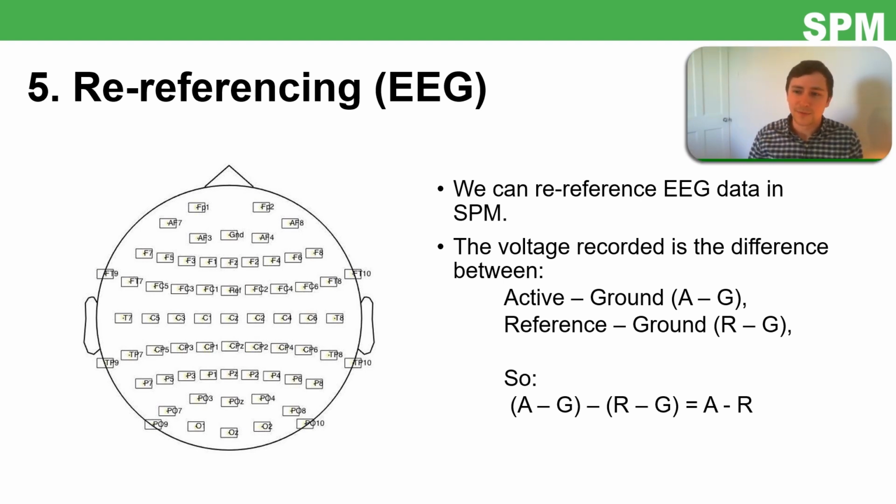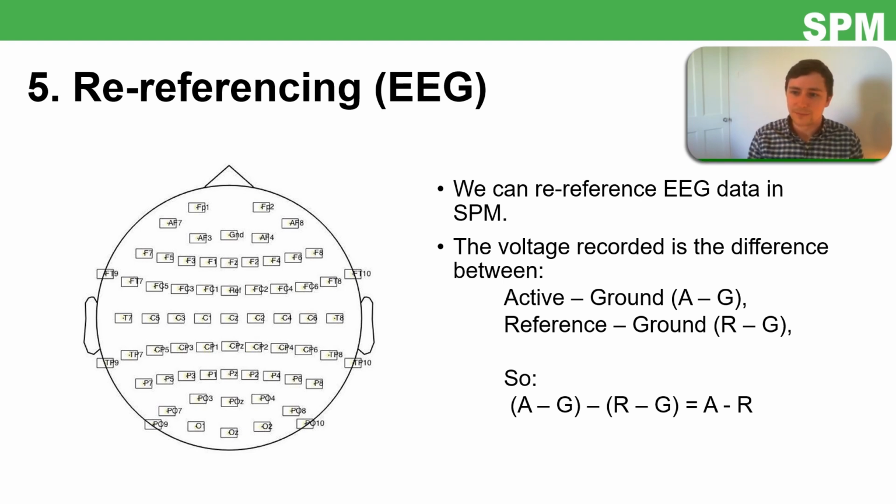And that means that now all of that noise is in the ground. The ground is being treated as the reference. And then you also do the reference versus the ground. So in this case, the ground is the reference, bear with me. And again, in this case, the ground has all of that electrical noise.